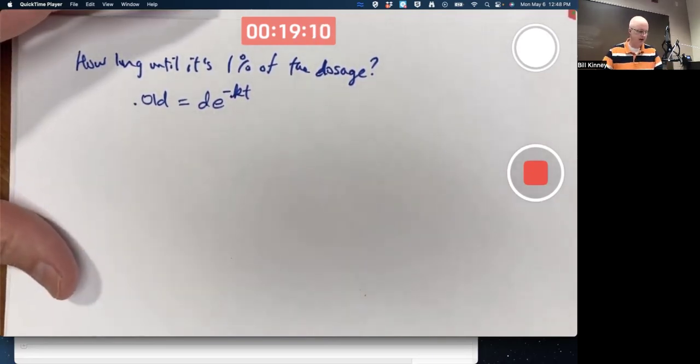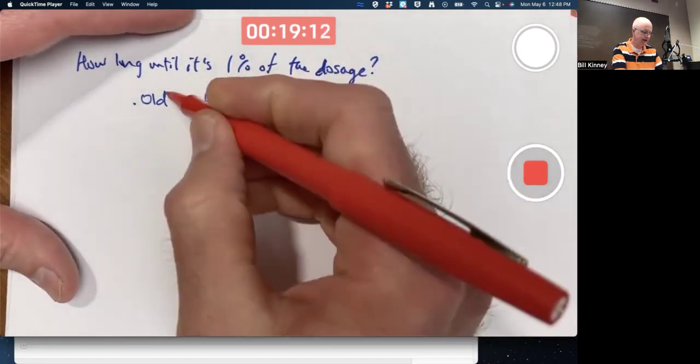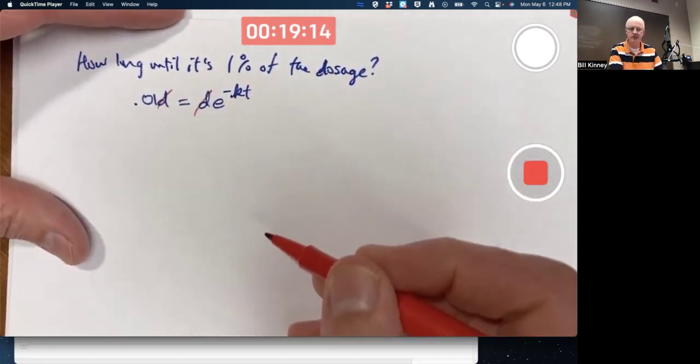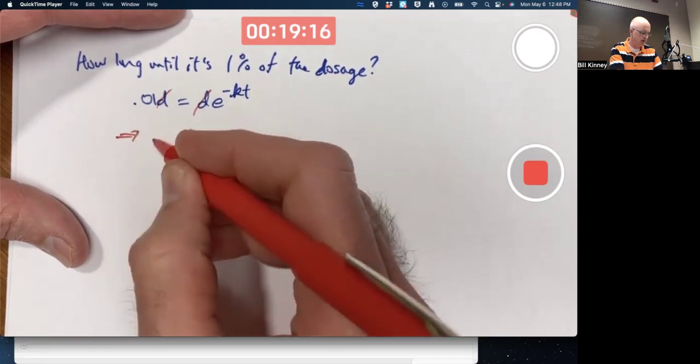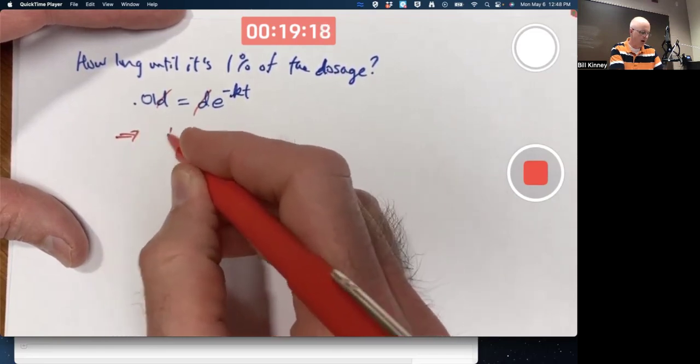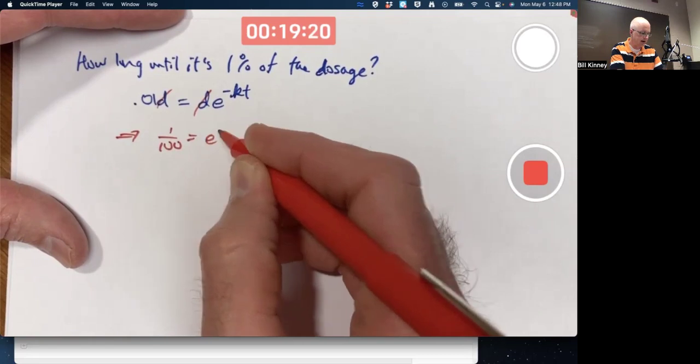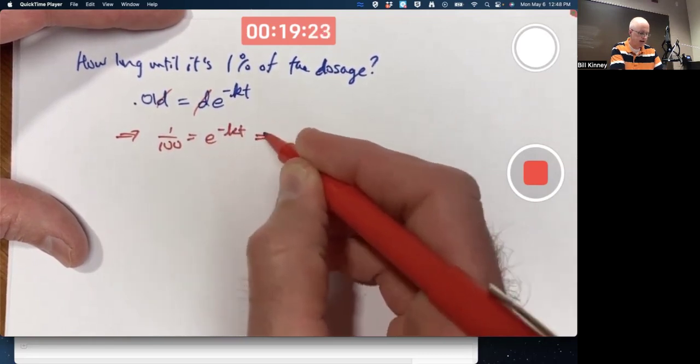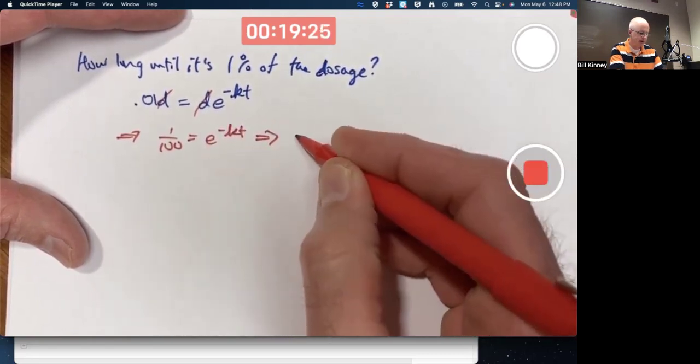Solve that equation for T. Once again, the D's cancel. The dosage doesn't matter. So you're left with 0.01 or 1/100th equals e to the negative KT. Take the log of both sides.